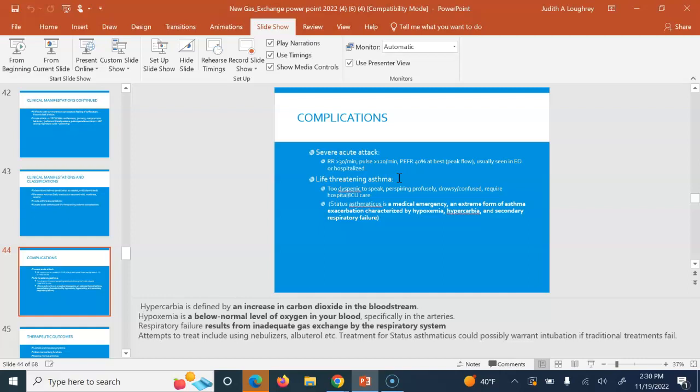Life-threatening asthma, they're too dyspneic to speak, they're perspiring profusely, they're drowsy, they're confused, they require hospital or ICU care. And we will also see a condition, status asthmaticus, which is a medical emergency. And it is an extreme form of asthma exacerbation characterized by hypoxemia, hypercarbia, and secondary respiratory failure.